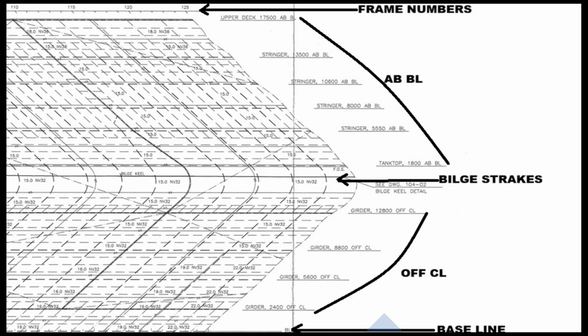The third coordinate is OFCL, which tells us the sideways distance from the centerline. This is the language spoken by shipyards, classification society surveyors, naval architects, and repair engineers all over the world. Once you understand these 3 coordinates, you can confidently locate any shell plate or structural member on a ship.